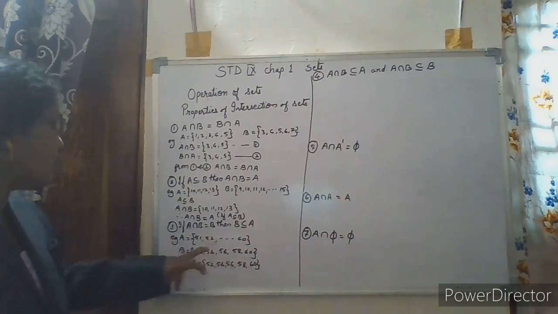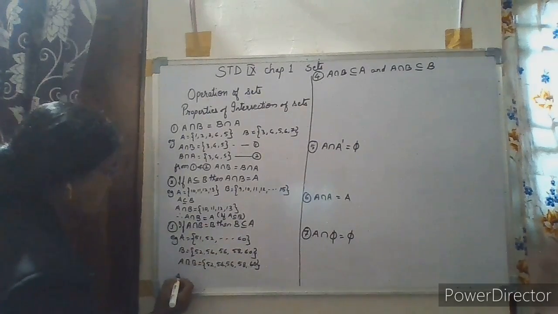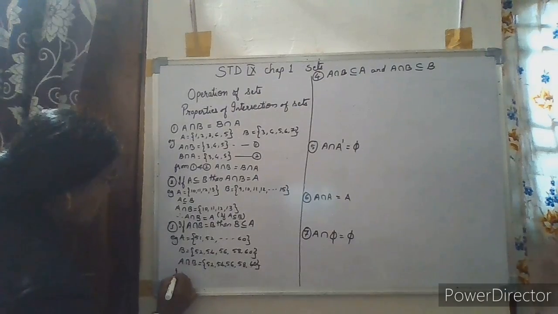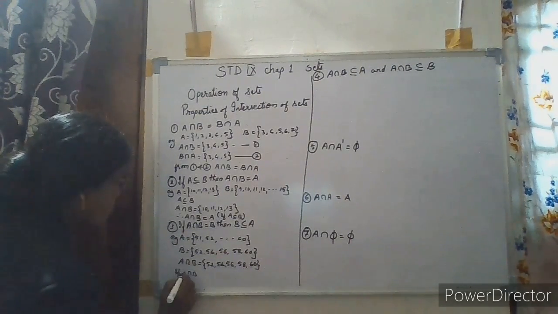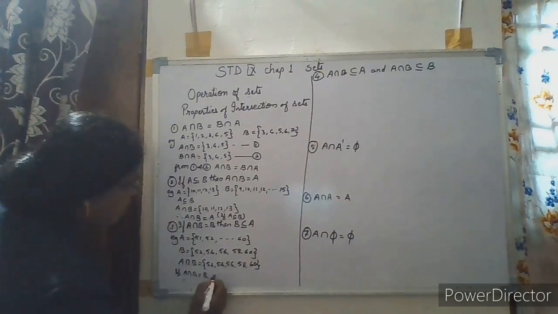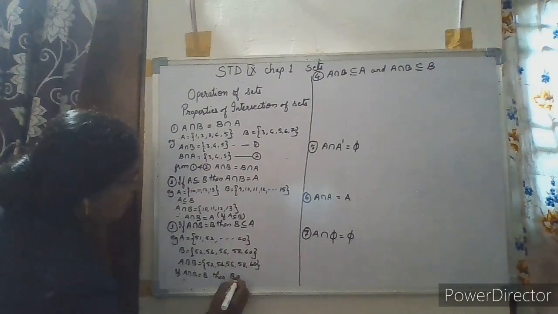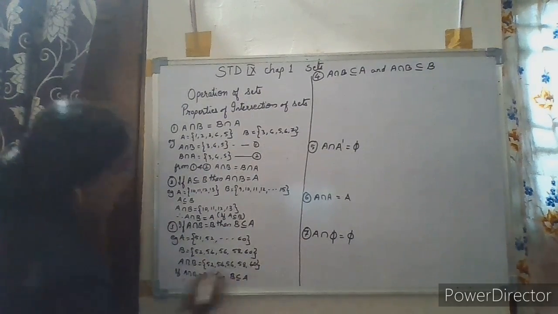So that means B is a subset of A. So if A intersection B is equal to set B, then B is a subset of A.